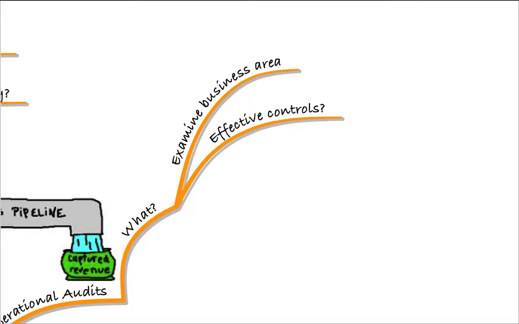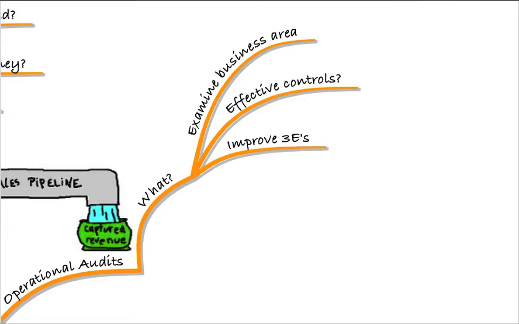And not only do we have effective controls in place, but are those controls being carried out? So this is the real nuts and bolts of what internal audit is there to do. They're there to go into specific business areas and say, right, are there effective controls in place? Are we preventing fraud and error? And are we improving the 3 E's? Are we getting value for money from that operational area?